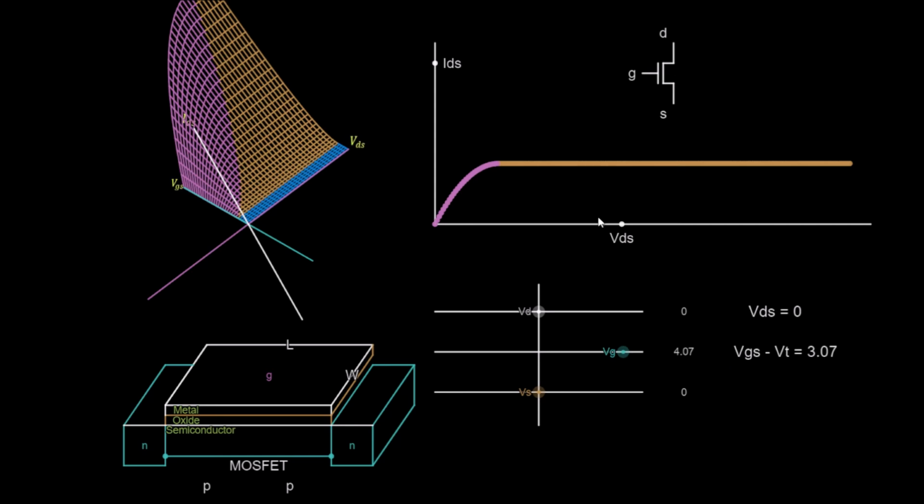And then we're going to work our way up along this characteristic, and we will be in the cutoff region down here when there's zero current flowing. And then we're going to be in the linear region here in pink, and eventually we'll move into the saturation region. And we can see that happening whenever we adjust the value for the drain voltage.